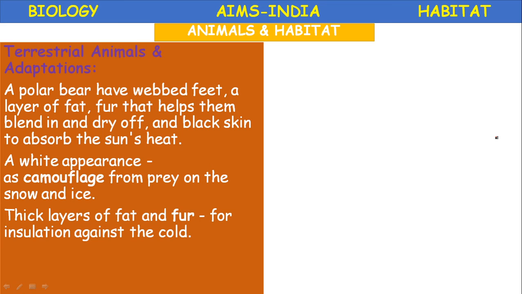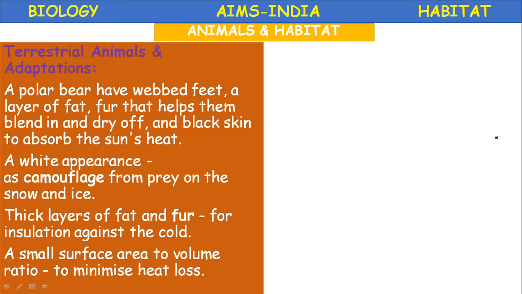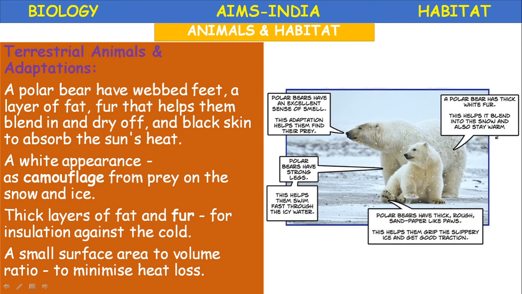The thick layer of fat and fur beneath their black skin acts like an insulator and prevents heat loss, meaning insulation against the cold. A small surface area to volume ratio minimizes the heat loss.